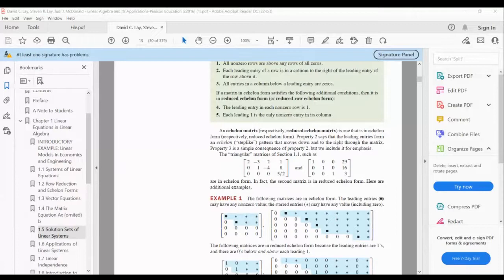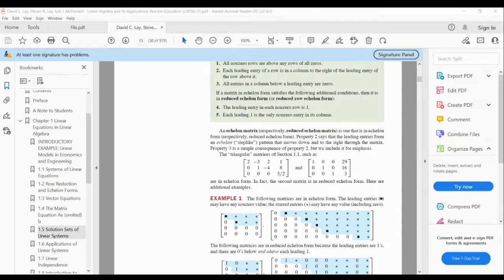Like for instance, in the first matrix there, if that were an augmented matrix, you see the bottom row is 0x1 plus 0x2 plus 0x3 equals 5 halves. There's no solution x1, x2, x3 that'll work there. So if the first matrix is an augmented matrix, we wouldn't do any more row reduction on that. It wouldn't be practical because the system has no solution. Okay, but the second augmented matrix, obviously that has a solution.